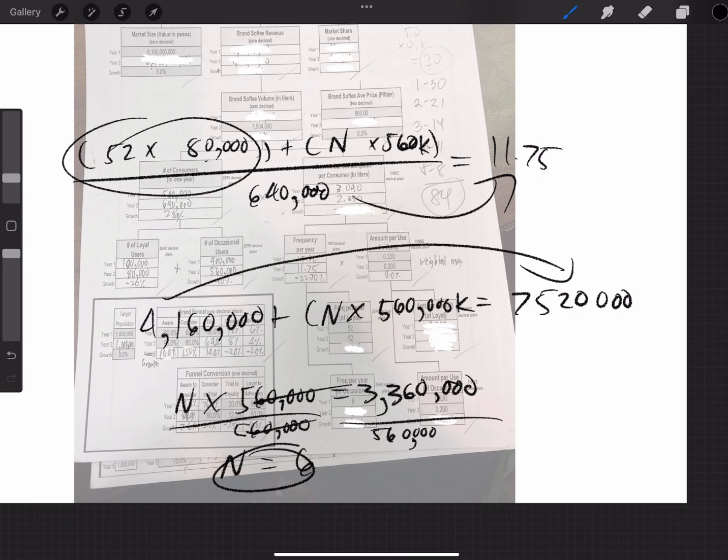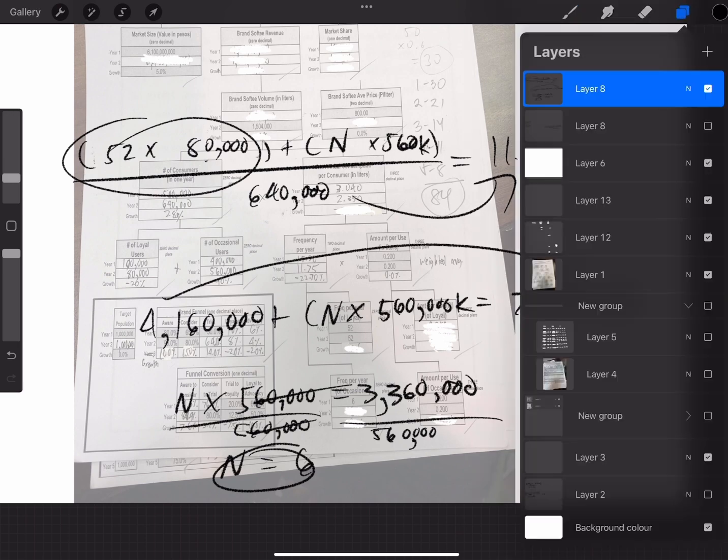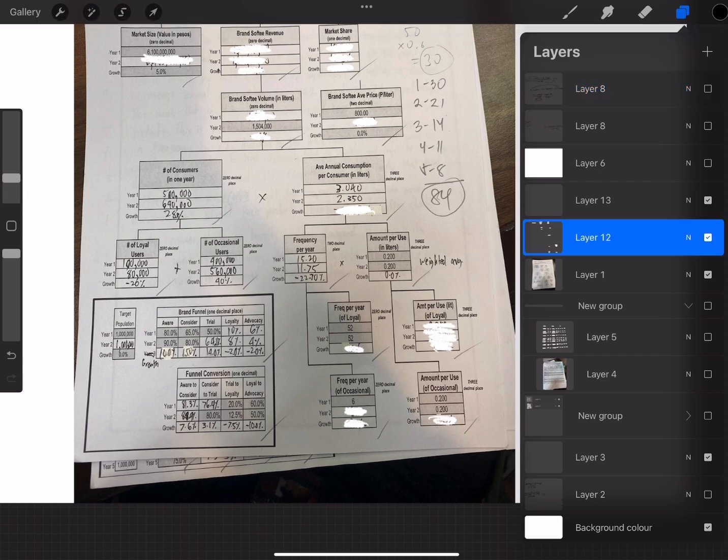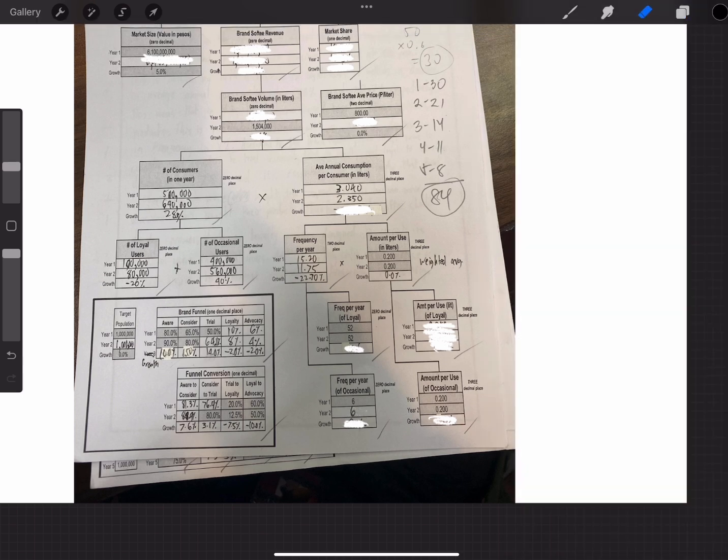So now that we know that n is equal to 6, you can just go back here, input 6 here, and find out that the growth percent is 0, so the growth percent here is also 0.